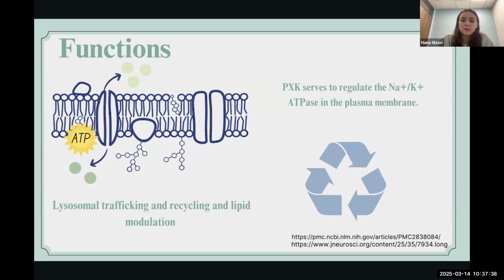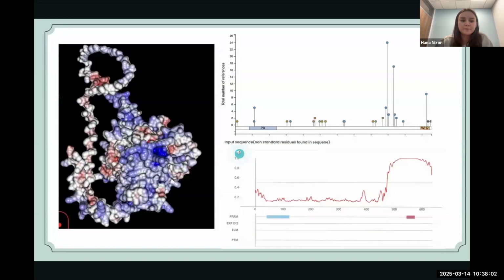The second mechanism that it does this through is the ATPase is known to be regulated through phosphoinositide modulations. As we saw in the last slide, PXK can bind to phosphatidylinositol 3-phosphate through the PX domain, and this will alter the lipid environment around the sodium-potassium ATPase, and this will alter its function indirectly through lipid modulation.